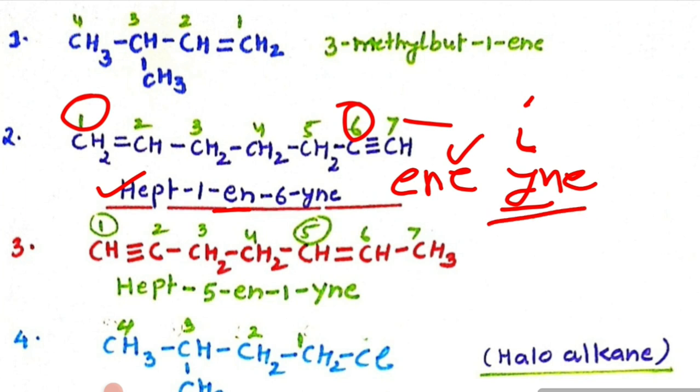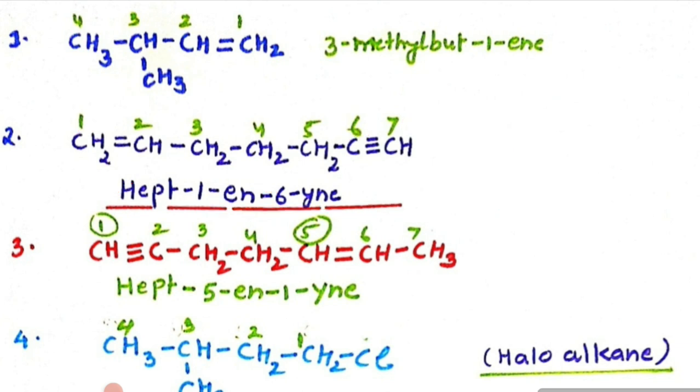That is nothing but "-yne", because Y sounds like I. So the name of the compound will be hept-1-en-6-yne. The E is omitted, and the suffixes should be arranged in alphabetical order. Both these functional groups are named in the form of suffixes. So the name of the compound will be hept-1-en-6-yne.